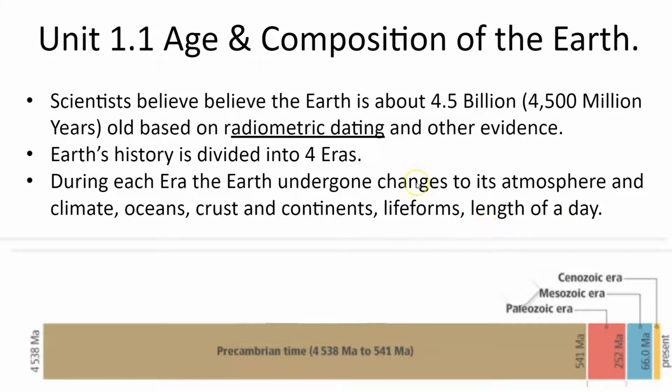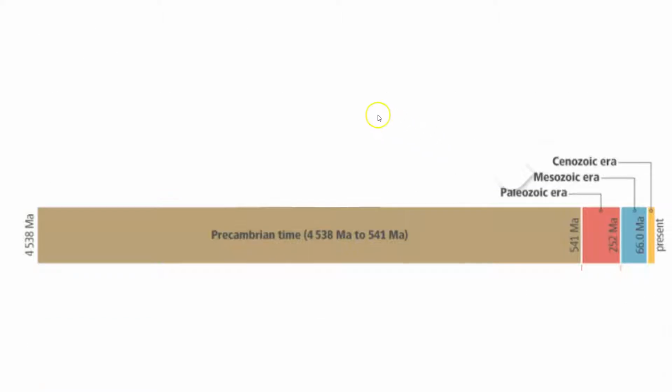Those things are changing or have changed on planet Earth throughout its history. And that's important because we want to use those changes to help us predict what the Earth will look like in 20 million years, which is our essential question.